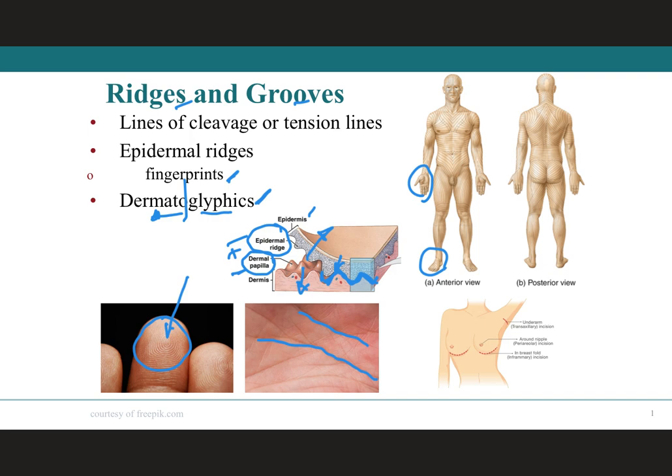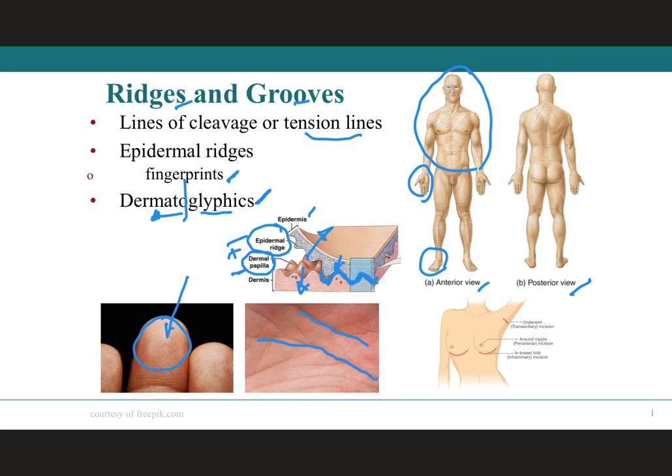These are called tension lines in the skin that will indicate the predominant direction of the underlying collagen fibers. We can see on this image over here an anterior and a posterior view of these tension lines in the body. And knowledge of the tension lines is especially important to plastic surgeons so that they know exactly where to do the incisions.